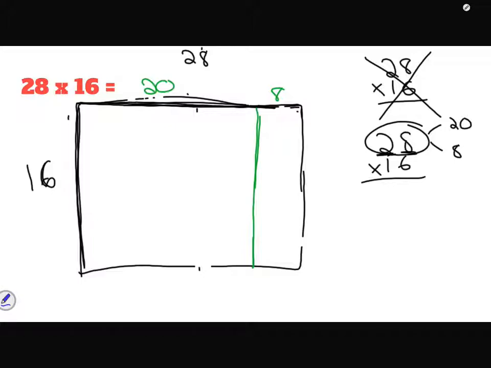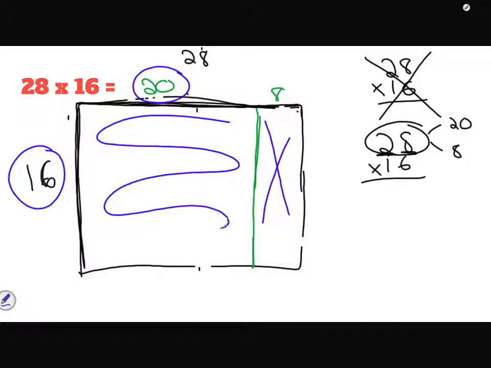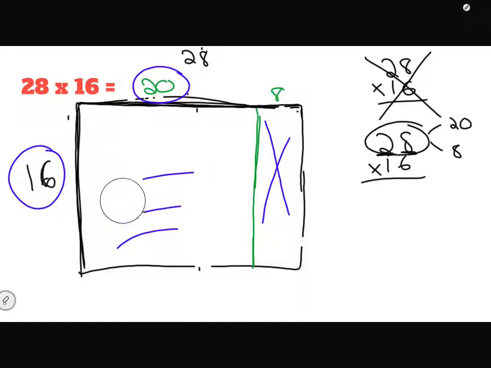I could solve 16 times 20 if I ignore this piece right here, right now, and only worry about this big rectangle. I can figure out what goes inside that rectangle because I'm imagining 16 dots going down and 20 dots going across and filling it in, which I'm not going to do.